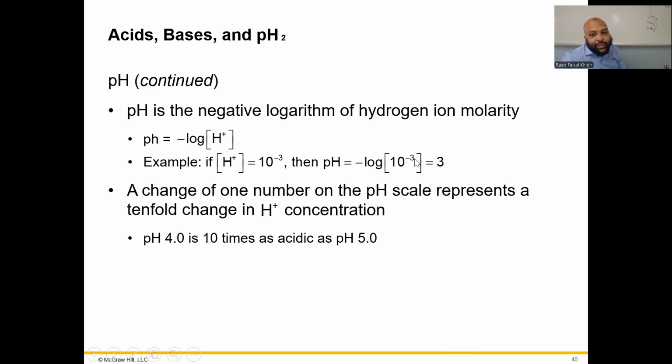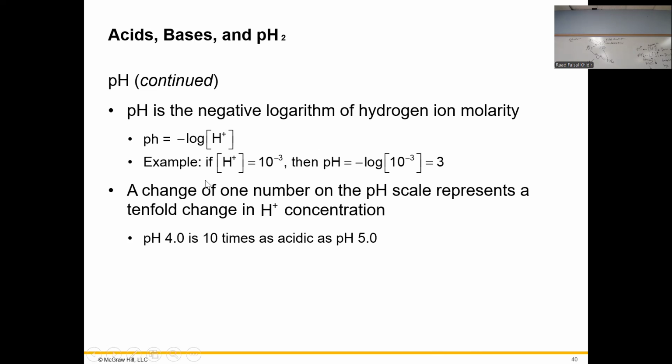So now let's reverse. Let's calculate. If a pH is 7.35, that means negative log of 10 to the power of this number.